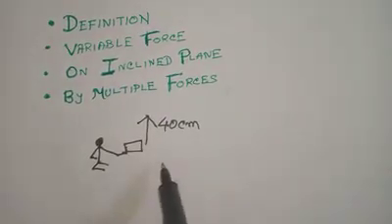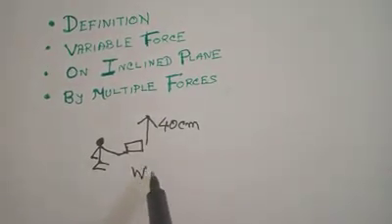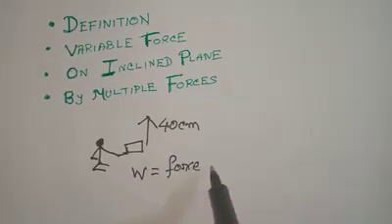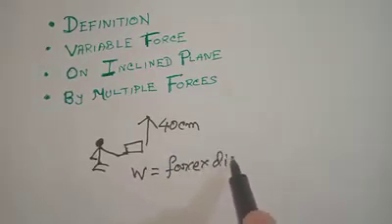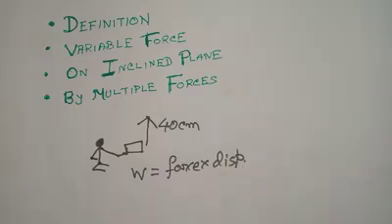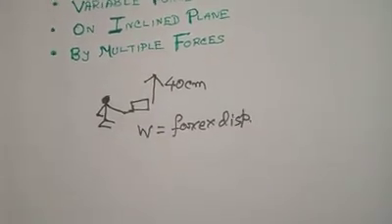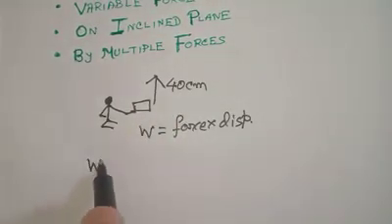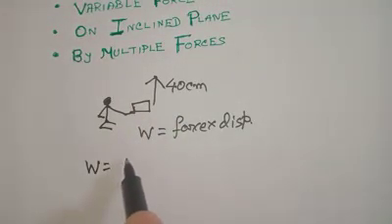Now in general we know that the formula for work done is force multiplied by displacement. So we can put it as force multiplied by displacement, that is the amount of displacement which has happened. Now for example, it is given that the force is 40 newtons.